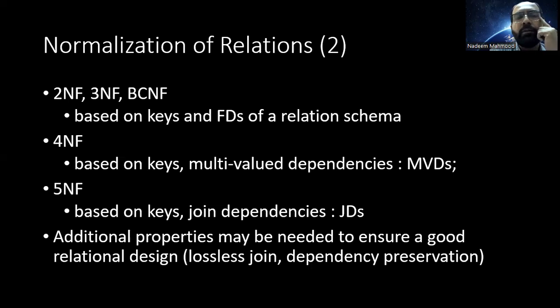That is the first normal form definition, and we have to just see whether there is any violation among the attributes of a given relation. Then we have second normal form, third normal form, and BCNF.